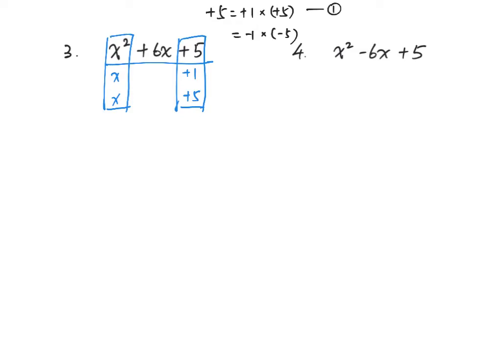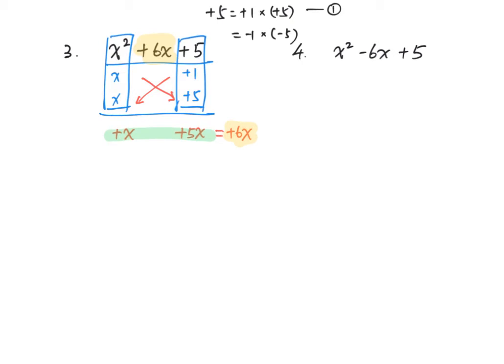So positive 1 times x gives us positive x, and x times positive 5 gives us positive 5x. So positive x plus 5x equals positive 6x, which is exactly the same as our middle term. So this way is correct.